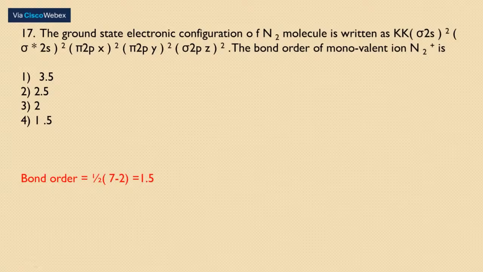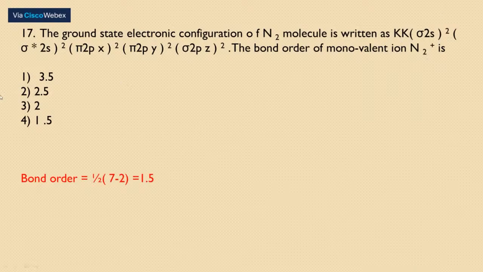Before that there were 14 electrons. Once you remove 1 electron, it becomes 13, but we are considering only the valence electrons, and thereby instead of 8 electrons, you have to place 7 electrons as you have removed 1 electron from nitrogen. Then how to calculate the number of electrons in the anti-bonding molecular orbital?